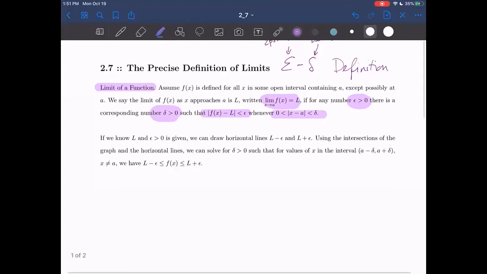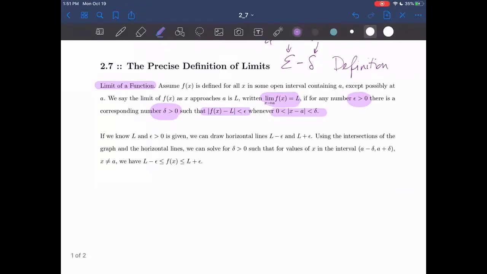If we subtract the limit from our function, that's going to be less than our epsilon, and if we subtract a from x, that's going to be between 0 and delta.